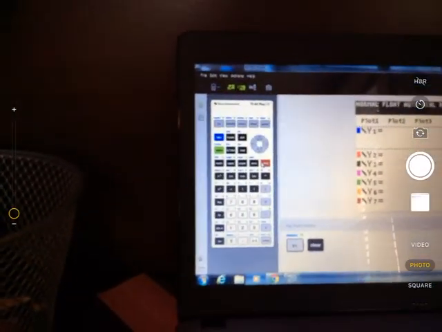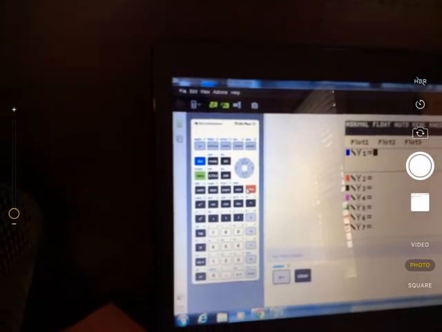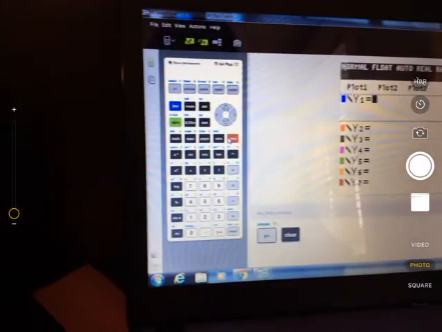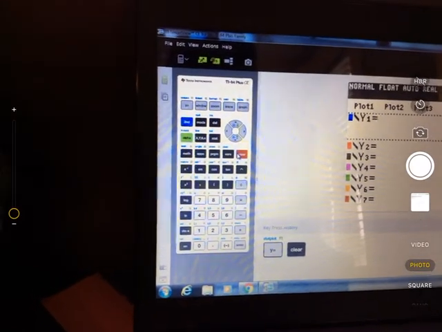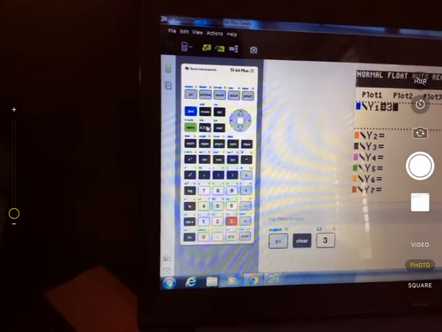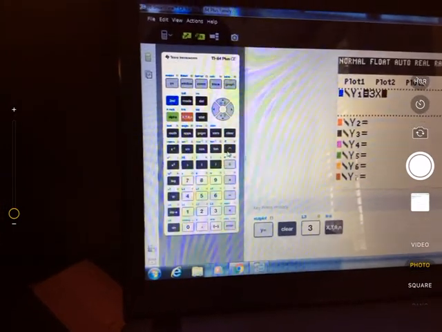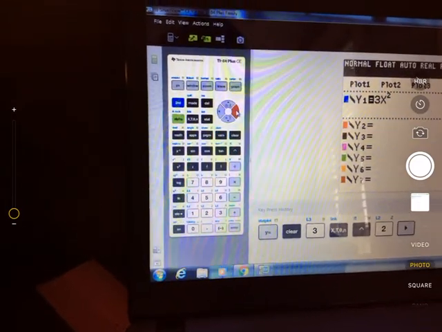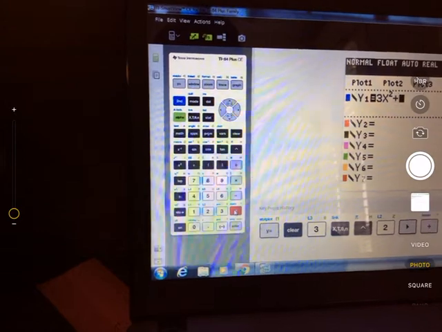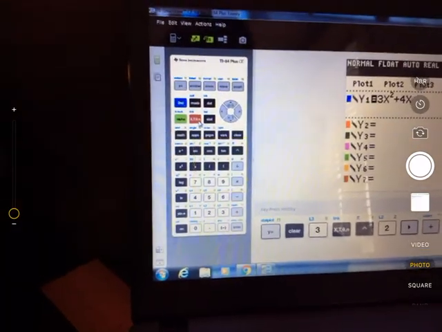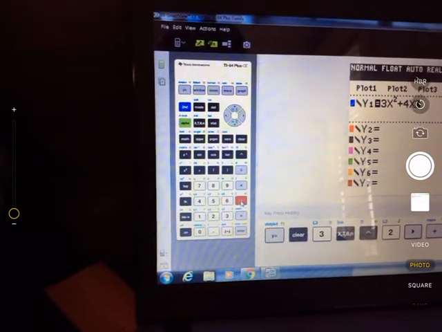Okay, so what we're going to do, I'm just going to go ahead and hold it, so sorry if it's a little bit shaky. Okay, we are going to enter into our y equals, we are going to do 3x squared plus 4x, and then we have minus 6 because we're going back to the original equation.